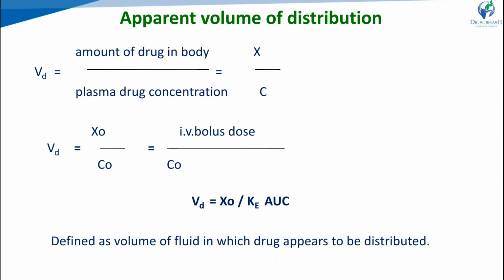It is a measure of the extent of drug distribution and it is expressed in liters. The simplest way to estimate the volume of distribution of a drug is by administering a rapid IV injection. So Vd is equal to x0 upon C0, the IV bolus dose divided by the plasma drug concentration.